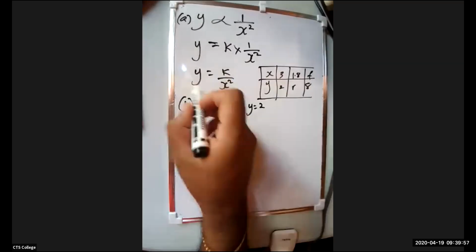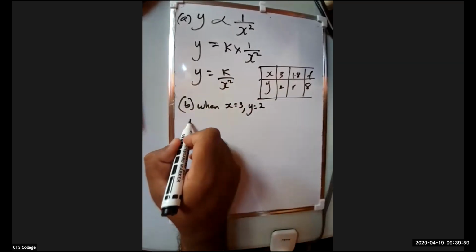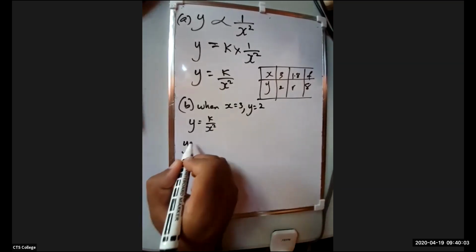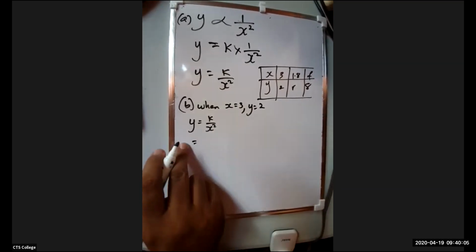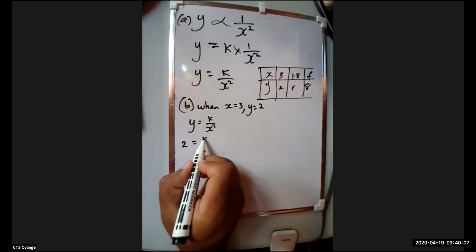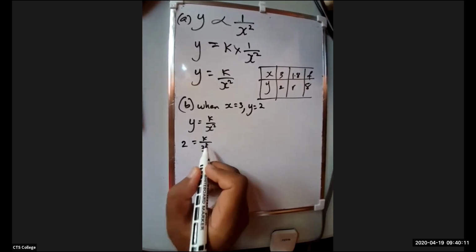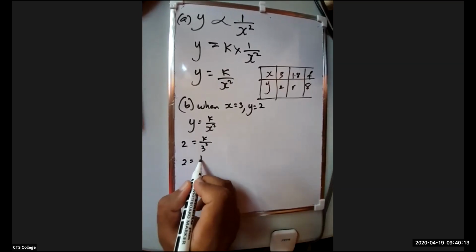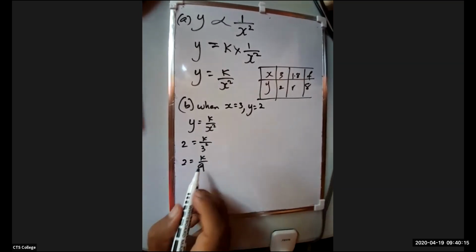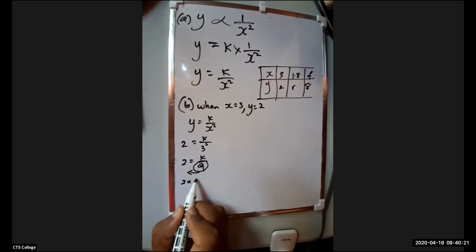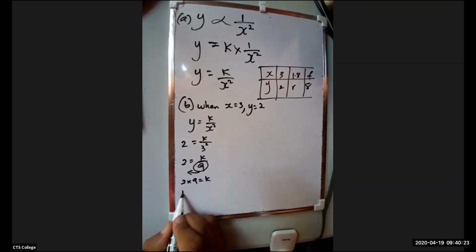Now that we know this, we're going to use it. Y is equal to k over x squared. We know y is 2, which is equal to k over 3 squared, which is basically 9. 2 is equal to k over 9. We don't want this, we want k alone. So this goes across here. Division becomes multiplication. So 2 multiplied by 9 is equal to k. So k is equal to 18.